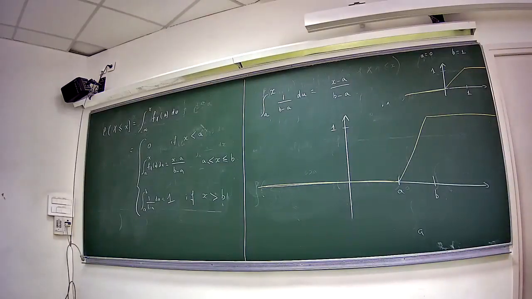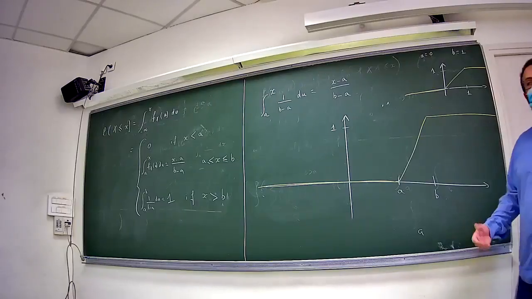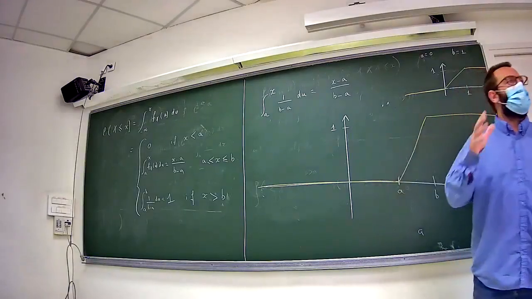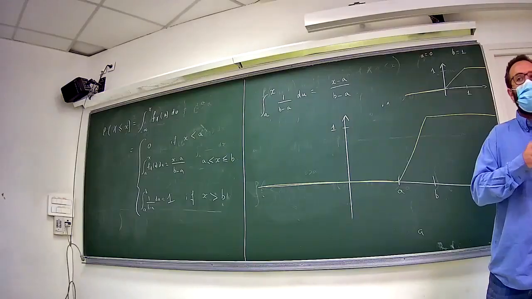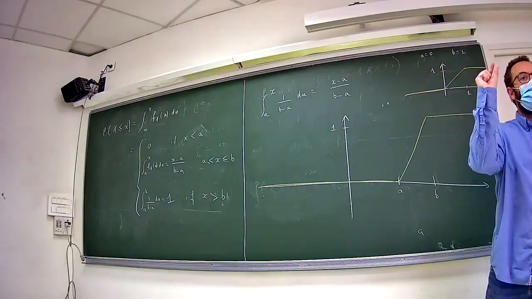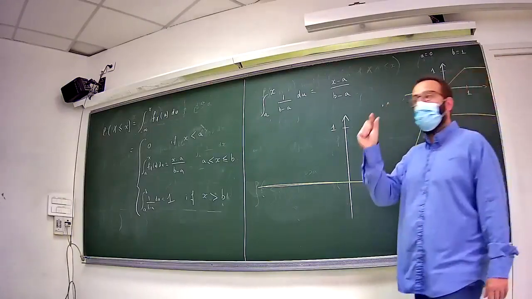If you measure something, you may have a way to measure that is very, very precise, but you have a precision limit of your measuring tool.